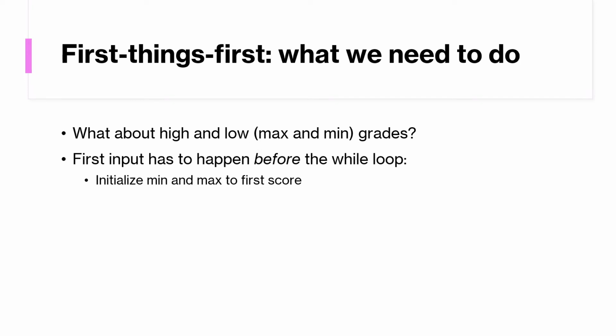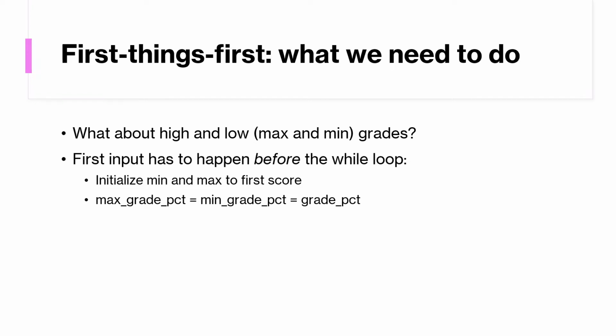And then if the next score is higher, we increase the maximum. If the next score is lower, we decrease the minimum, and so forth and so on. So we're going to write a line of code that says max grade percent equals min grade percent equals grade percent. The grade percent being what we just calculated for that first input.